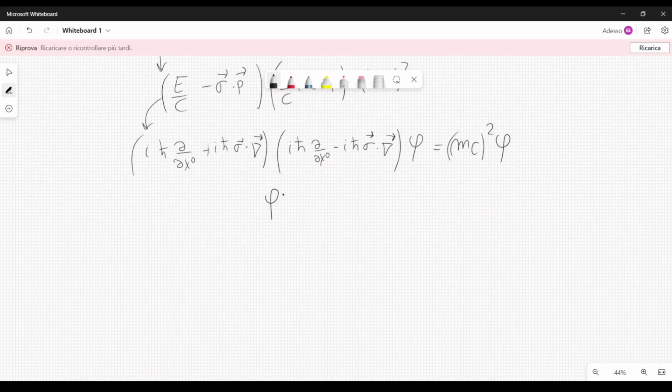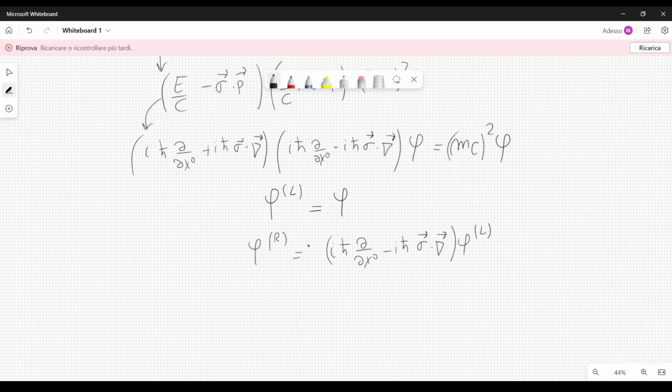Now if we define φ_L as psi and φ_R as this part here, which is (iħ ∂/∂x0 − iħ σ·∇) φ_L, and then let me also multiply this by 1 over mc. It is just a constant.